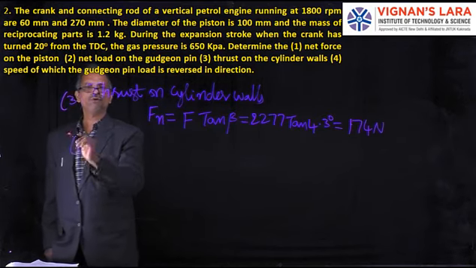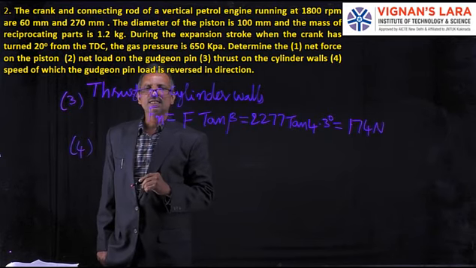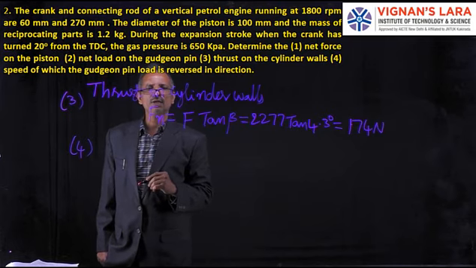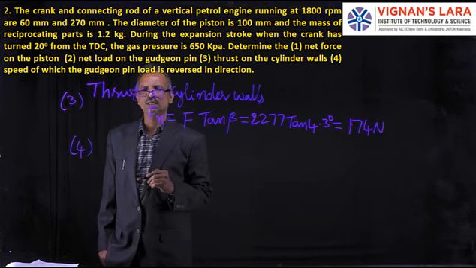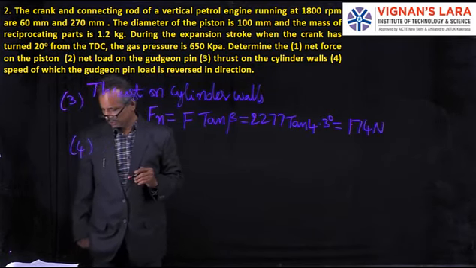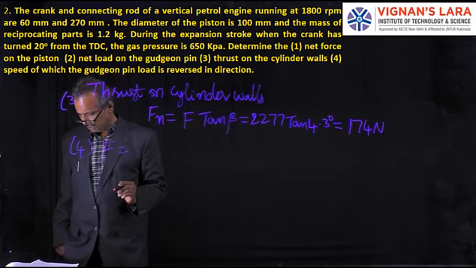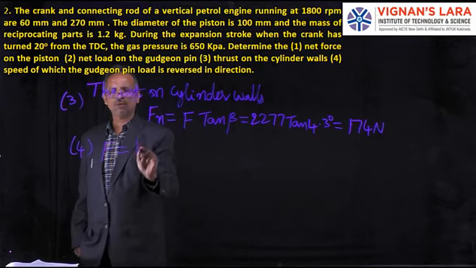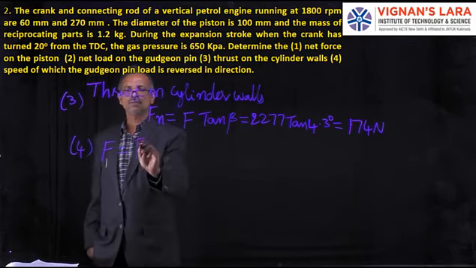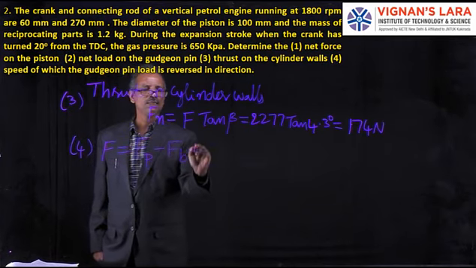Then what is the fourth part of the problem? At what speed of the engine is the gudgeon pin load reversed in its direction? We have seen the total load F is Fp minus Fb plus mg.